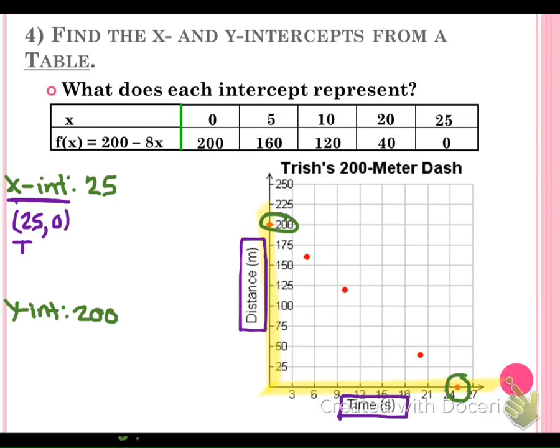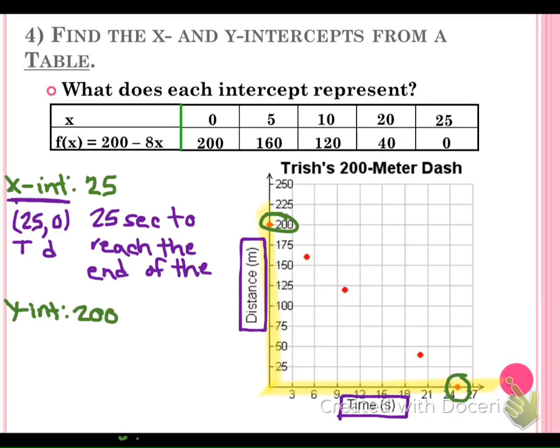So in 25 seconds, her distance is 0. So what does that mean? That means that it takes her 25 seconds to reach the end of the line.